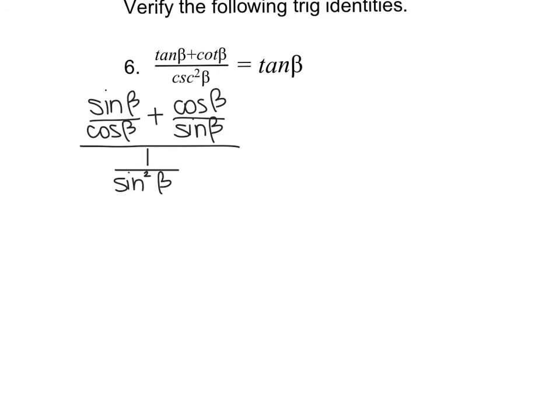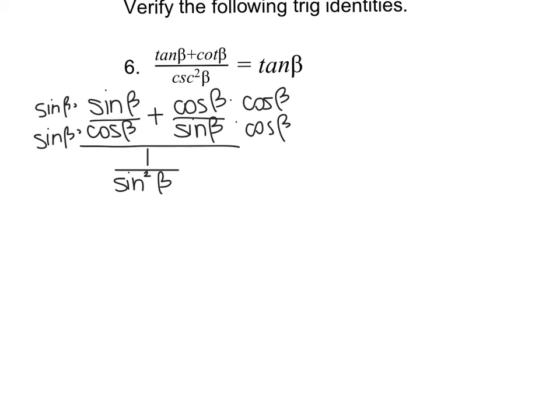So my next step is going to get my numerator to be a single fraction. So in order to do that, I'm going to multiply my first fraction by sine of beta and the second fraction by cosine of beta.